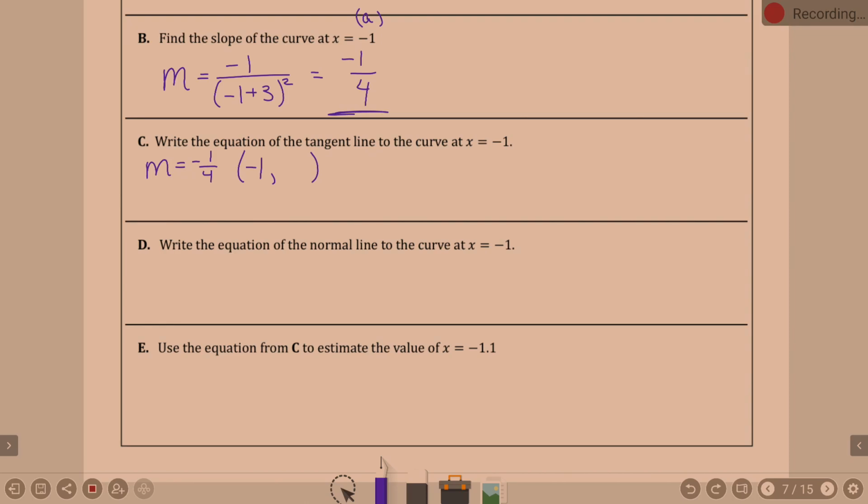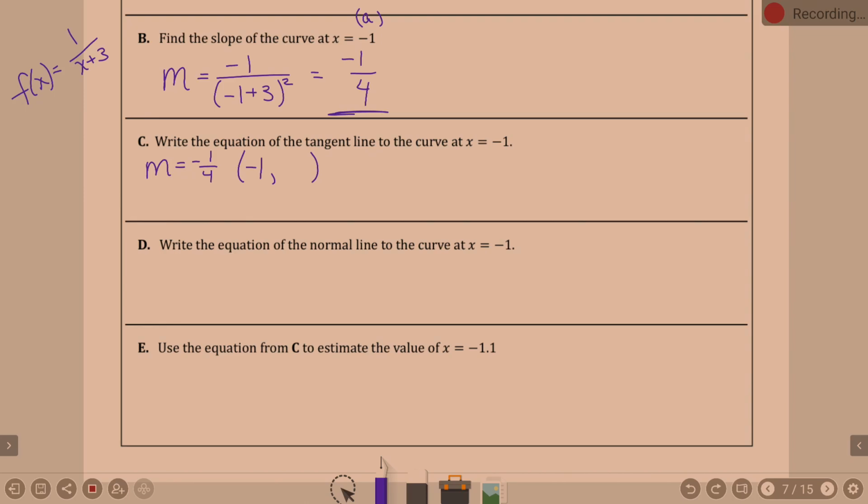That line equation. Okay, go back. What was the original equation we're working with on this problem? It was f of x equals, what is it, 1 over x plus 3? Can we use that right there to find our y value? Just go back to the original equation is what we're saying.